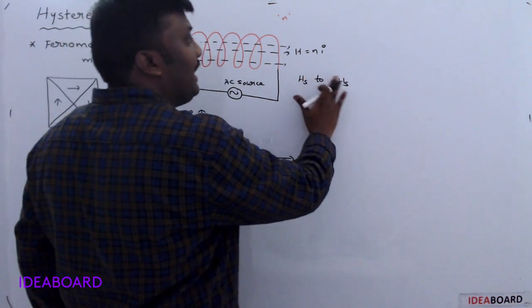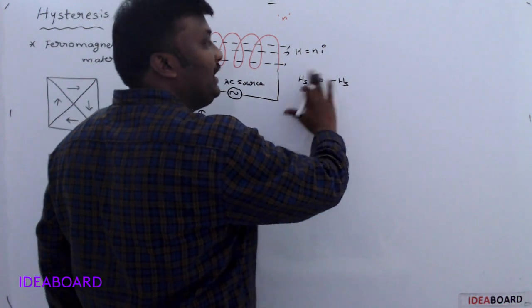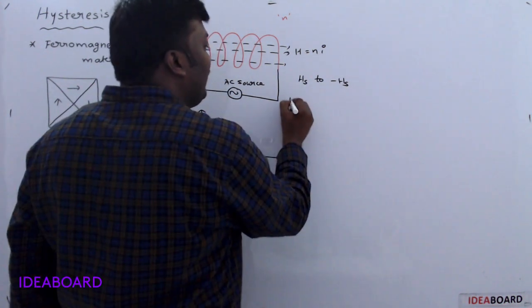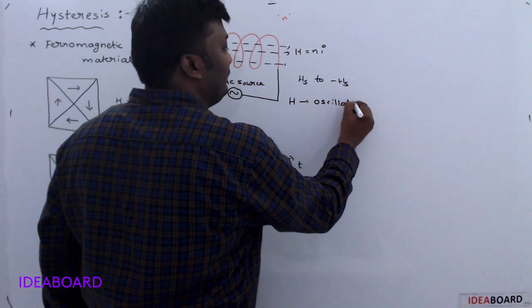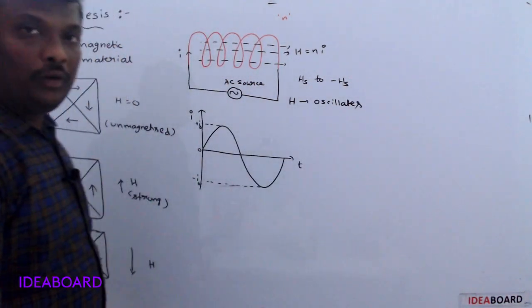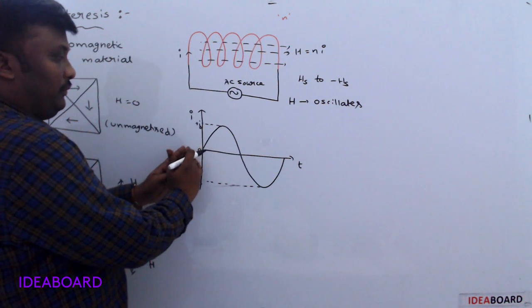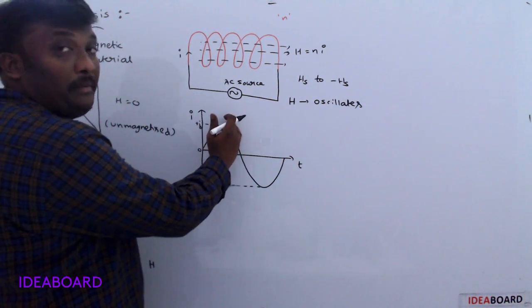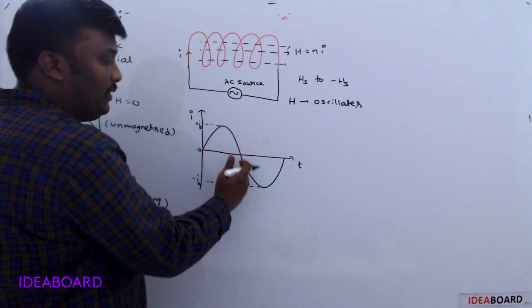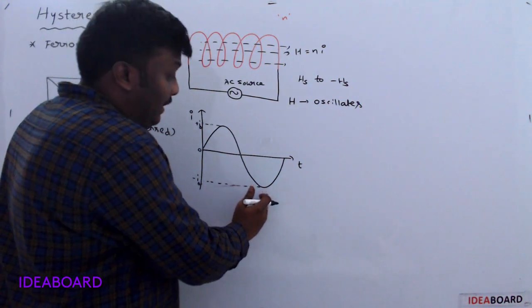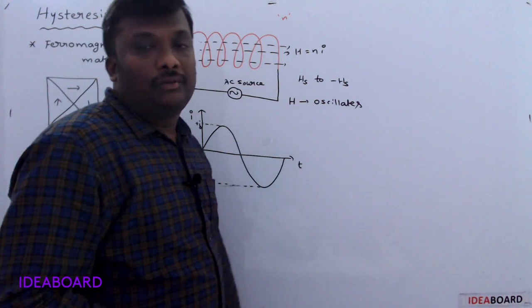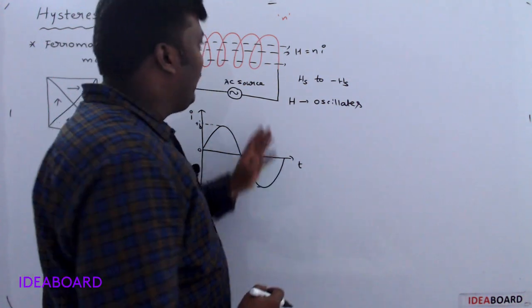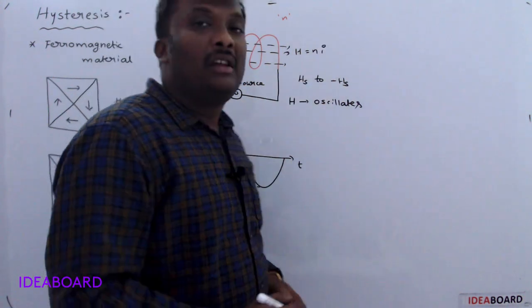So plus Hs to minus Hs, it will continuously vary. So H oscillates here. Beginning at 0, after that reaching Hs maximum value, again 0, after that reaching minus Hs in the opposite direction, after that it is 0. Clear? Because H is directly proportional to the current I.